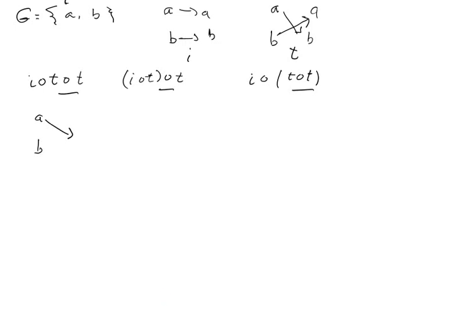Okay, composition T: A goes to B and B goes to A. Composition T: A goes to B and B to A. This is the final result: A, B, the identity I.